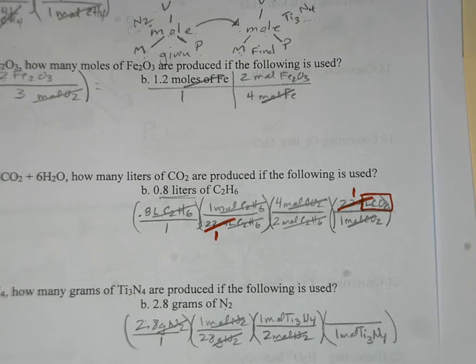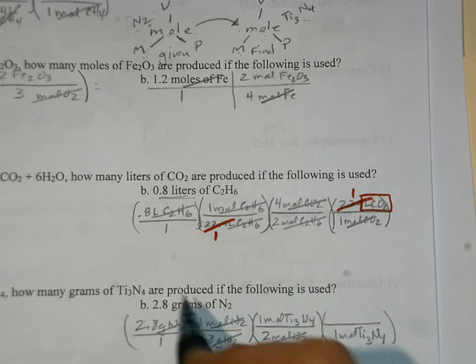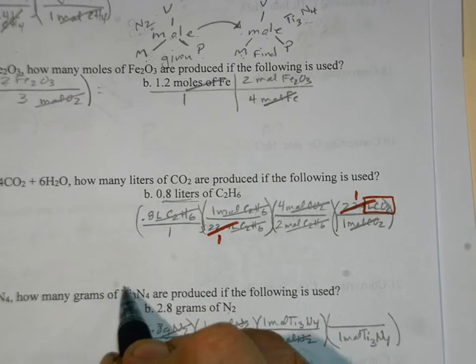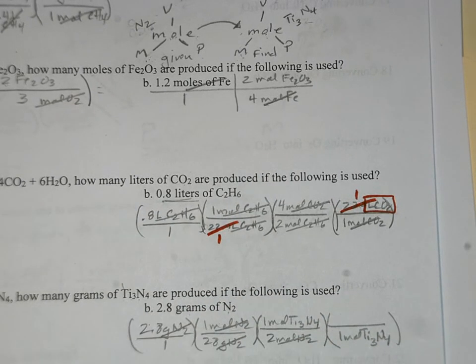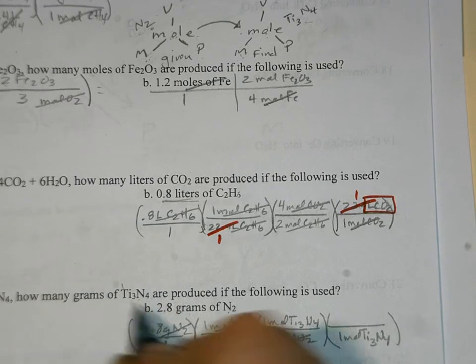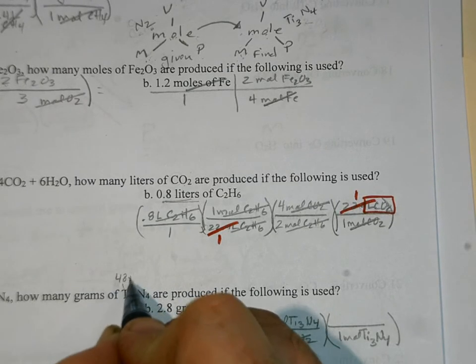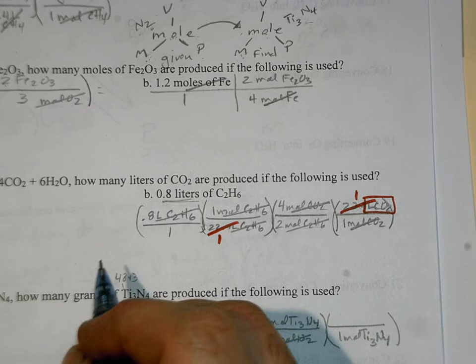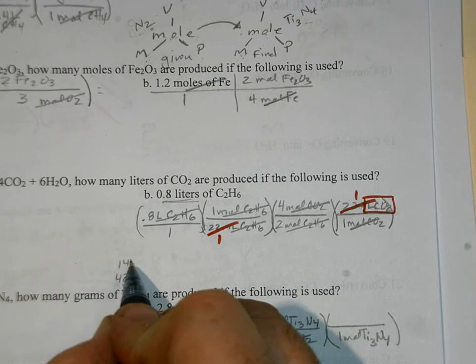When you look on the periodic table, titanium, I think we said earlier, titanium's mass was 48, and there's 3 of those, so 48 times 3 is going to give us 144.